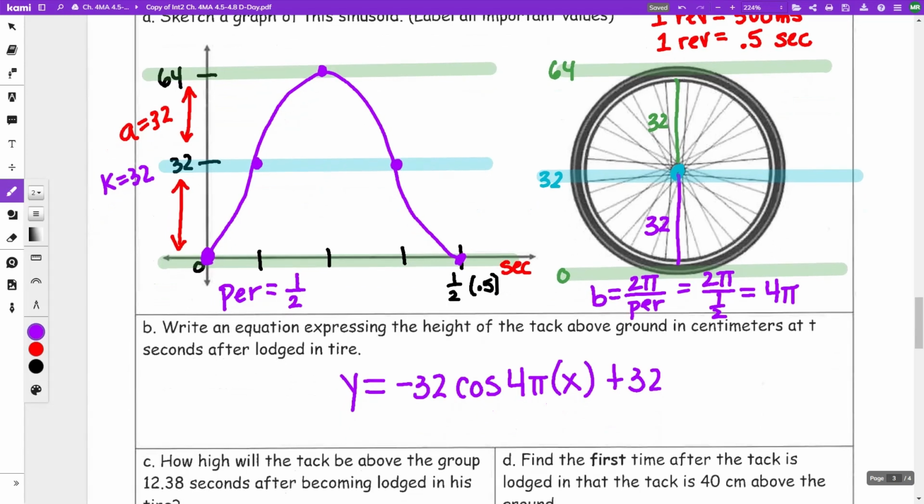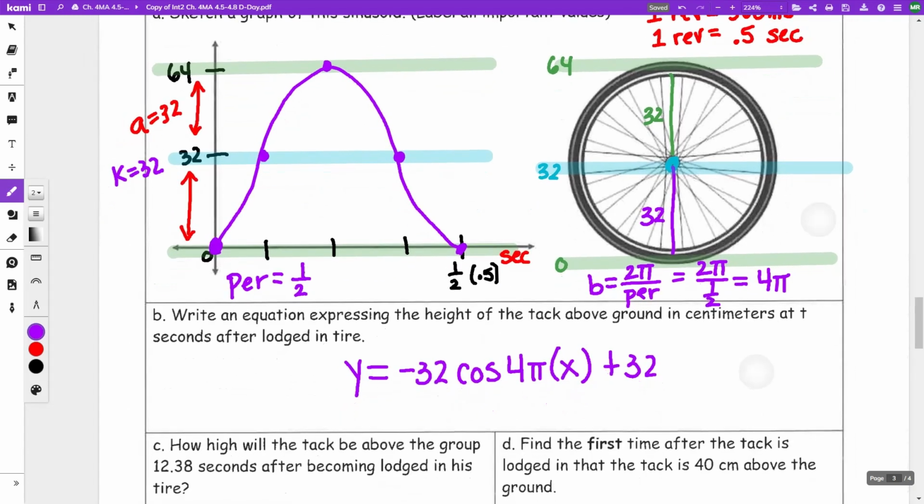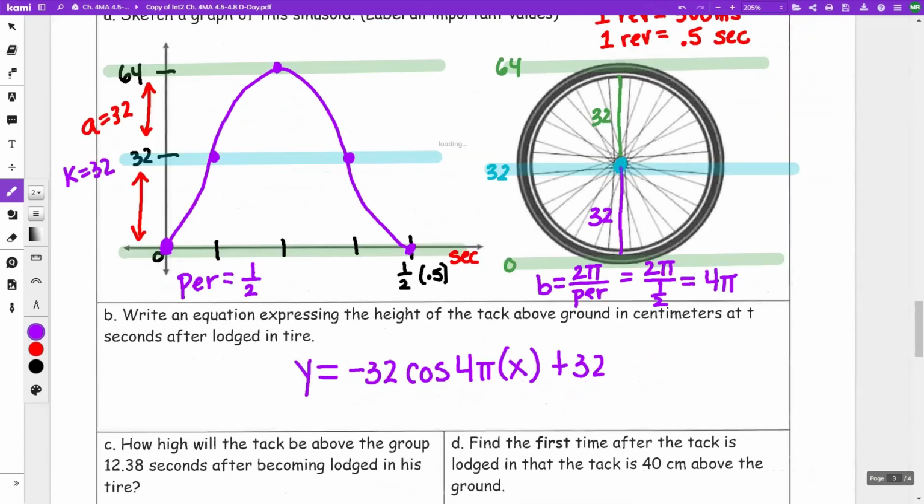Now I'm going to try to figure out how high the tack will be when it's 12.38 seconds after being lodged into the tire above the ground. Sorry, above the ground.